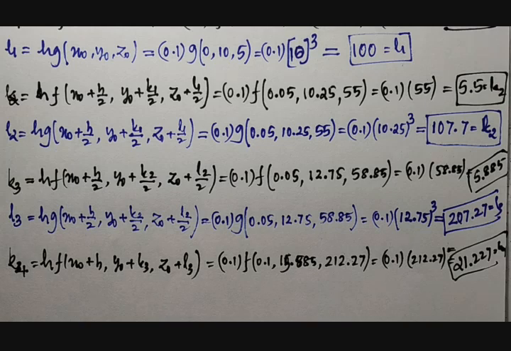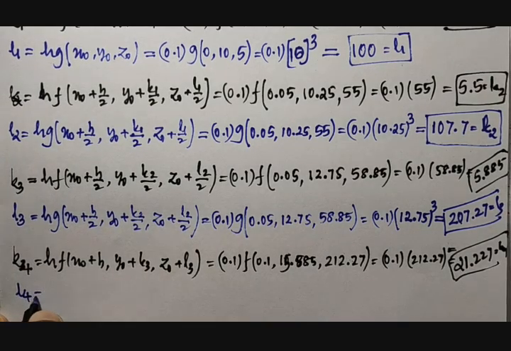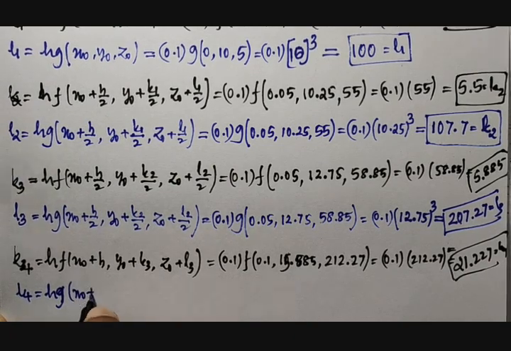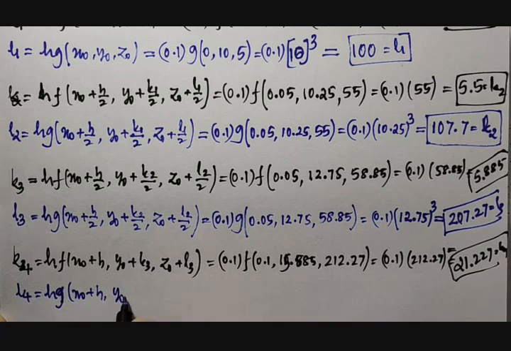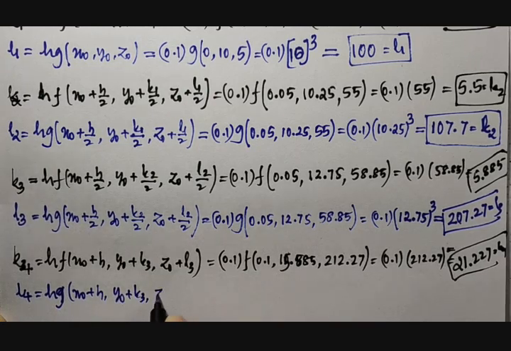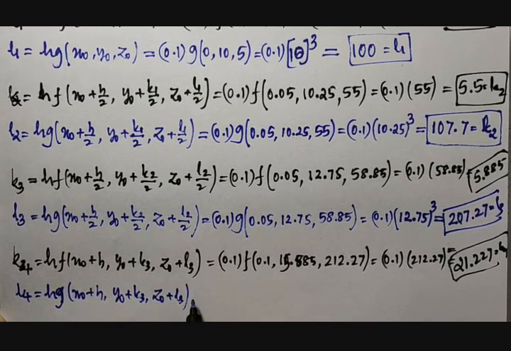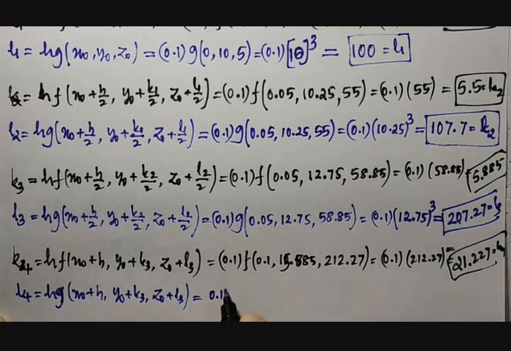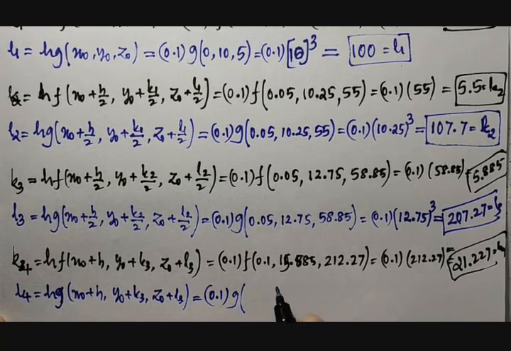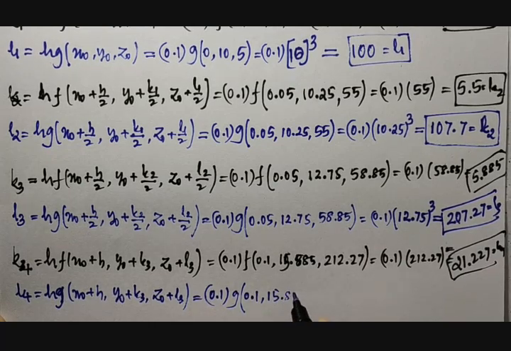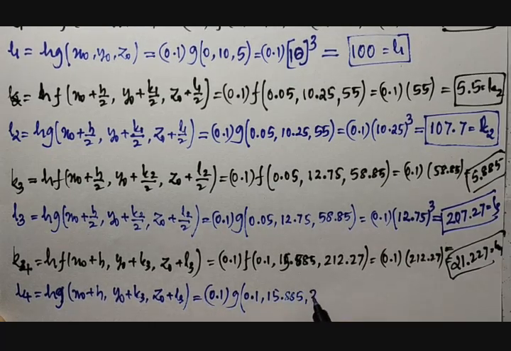Then similarly, L4, h into g of x naught plus h, y naught plus k3, z naught plus L3. 0.1 into g of 0.1, comma, 15.885, comma, 212.27.